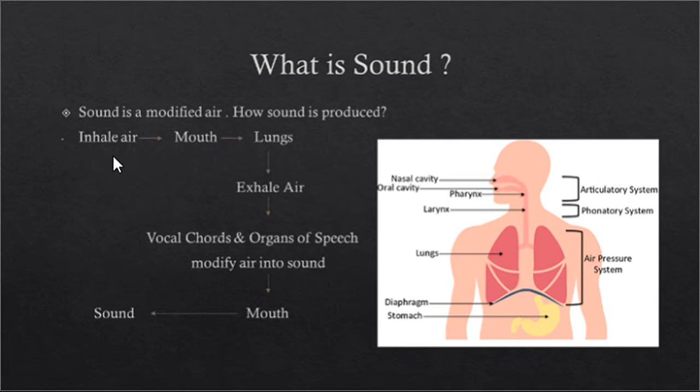Try to remember when you were in 10th class or in your lower classes, you learned the respiratory system. In that system, you inhale air, you take oxygen, and this air goes to the mouth, and then it goes to the lungs.